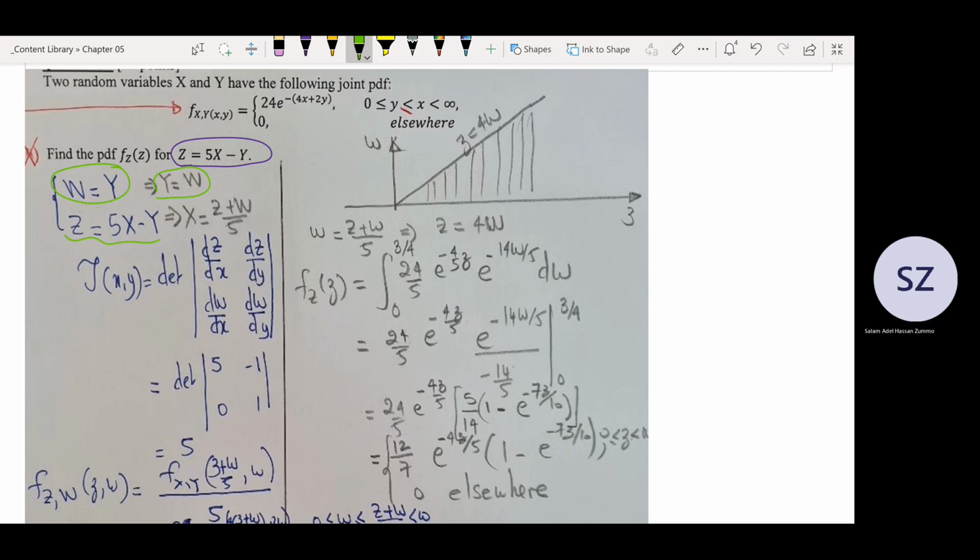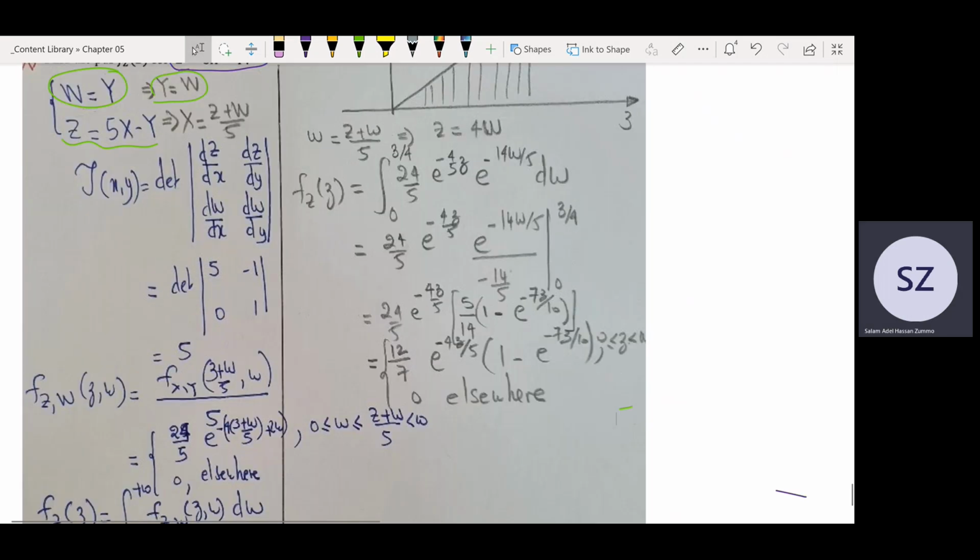The derivative of Z with respect to X is 5, of Z with respect to Y is minus 1, of W with respect to X is 0, and of W with respect to Y is 1. Taking the determinant, 5 minus 0 times minus 1 gives you 5.